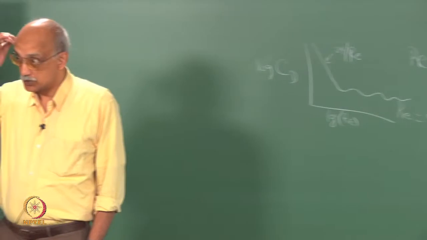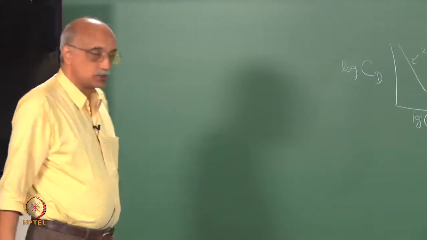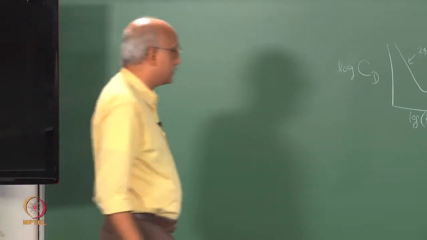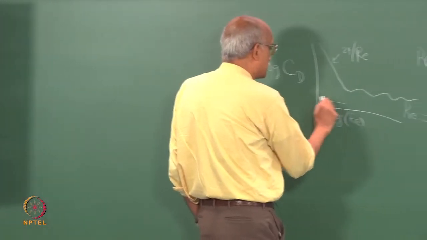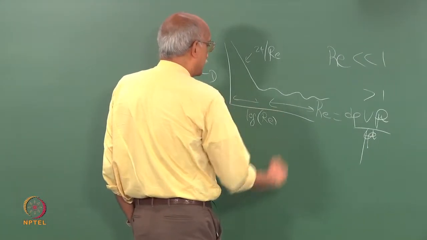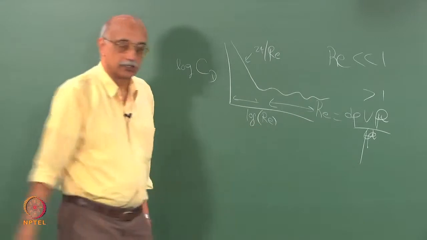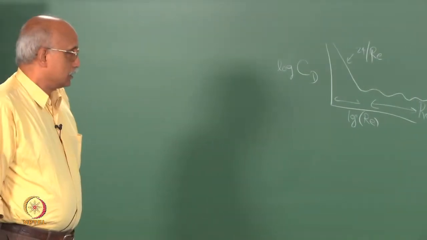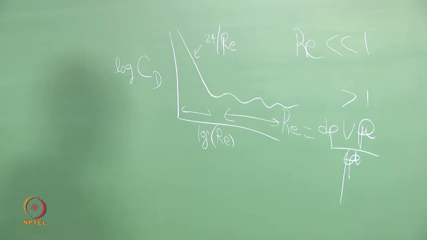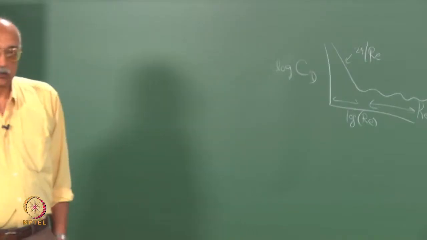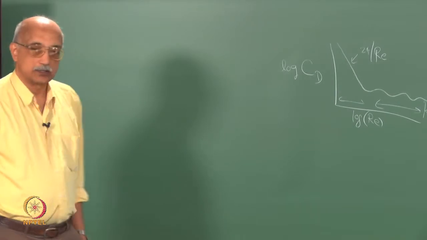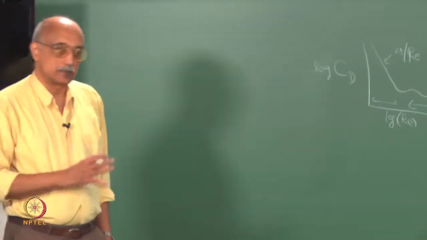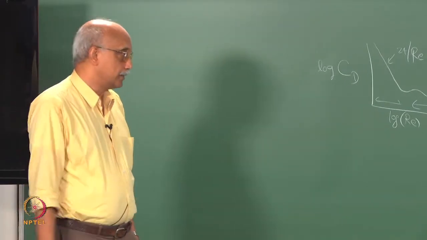So, the drag coefficient varies as 24 over Reynolds number in the low Reynolds number regime, and then in the higher Reynolds number regime it kind of stays at a fairly constant value. So, these are the two expressions for the drag that a particle experiences when it is moving through a fluid.